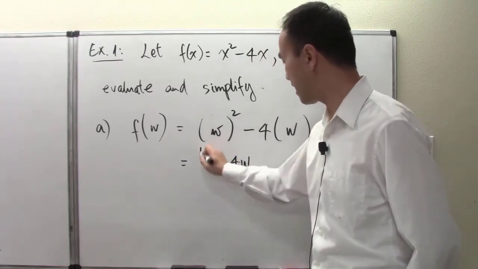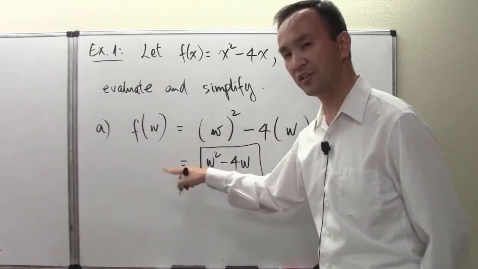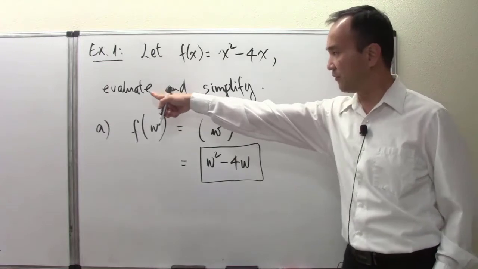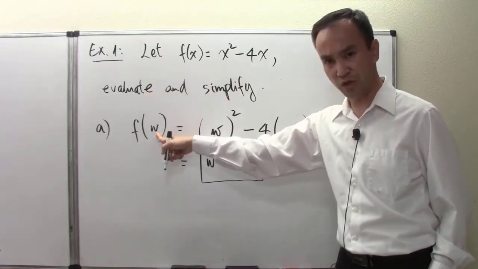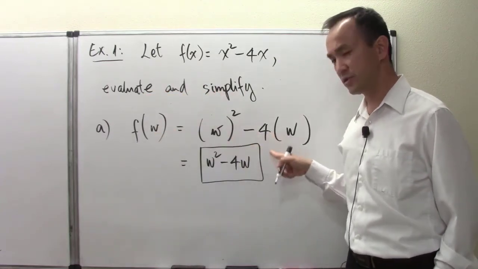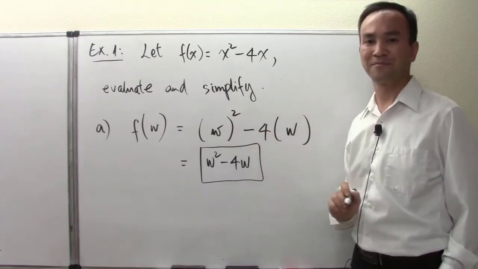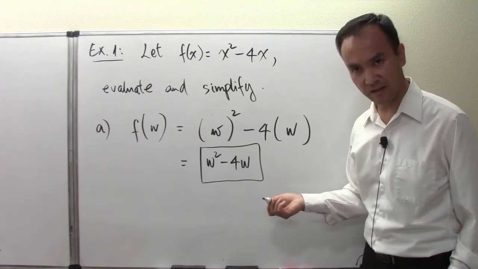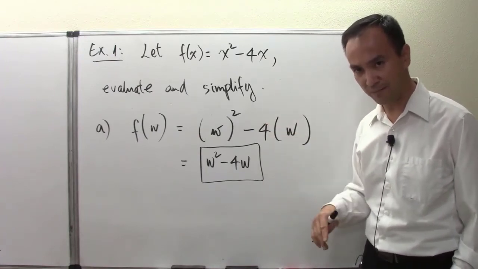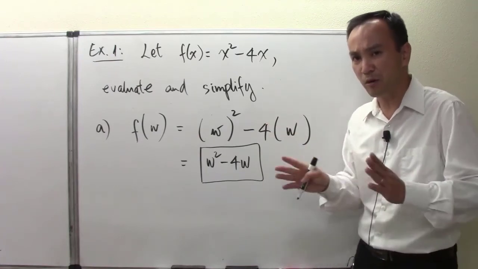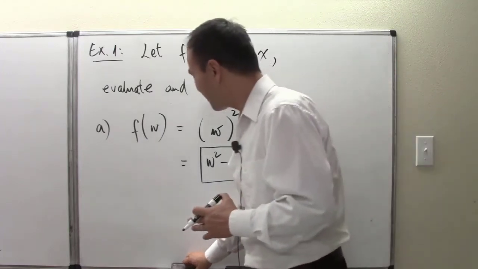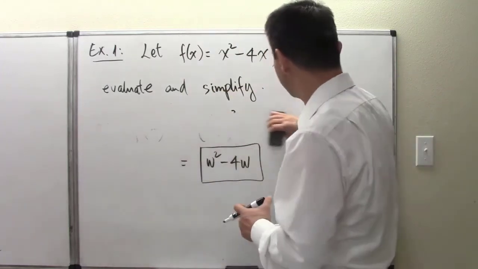This is that final simplified expression I was talking about. So that's what we just did: we evaluate this function at W, and then we simplify from here to here. All right, so part A of this example is quite simple. Let's allow these problems to grow more and more challenging. Okay, so now let's look at part B.